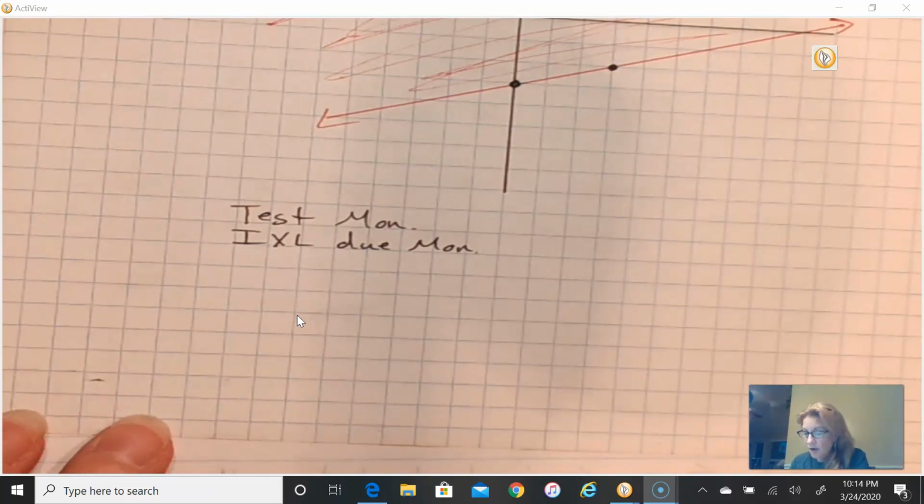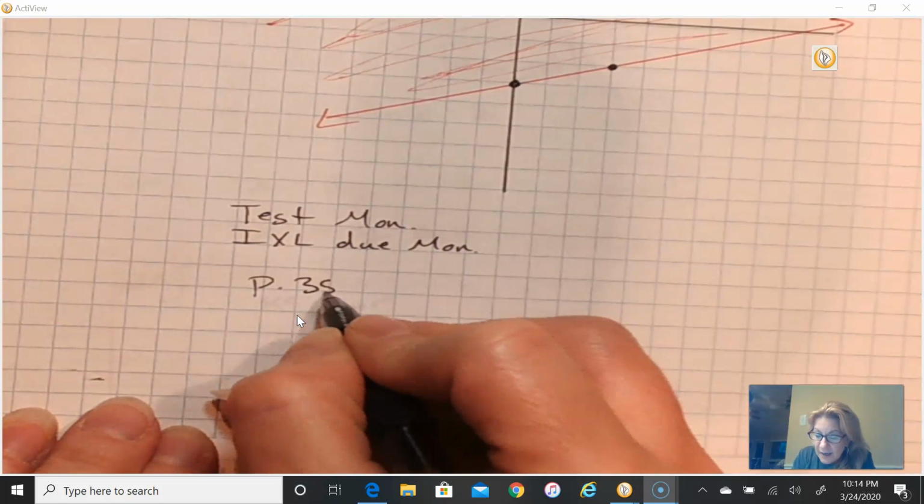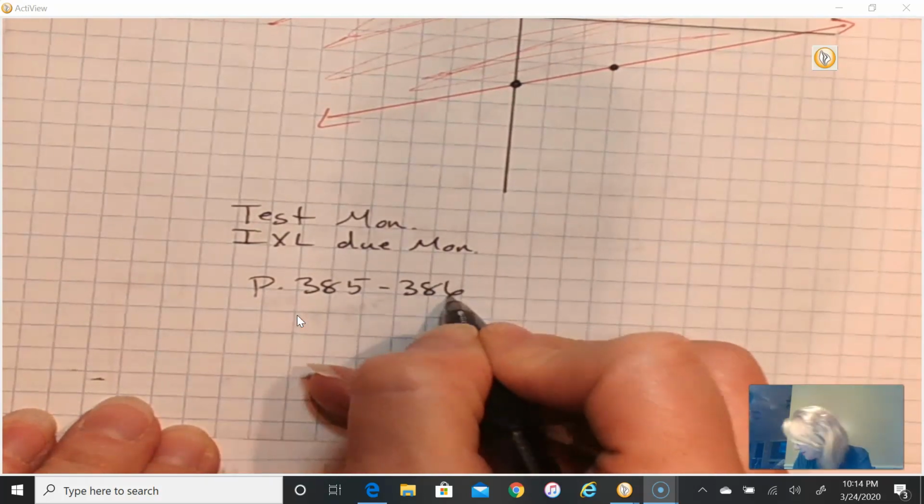Any of them that I didn't assign except for that direct variation thing or whatever. Don't worry about that. All right, so you're going to be doing page 385.